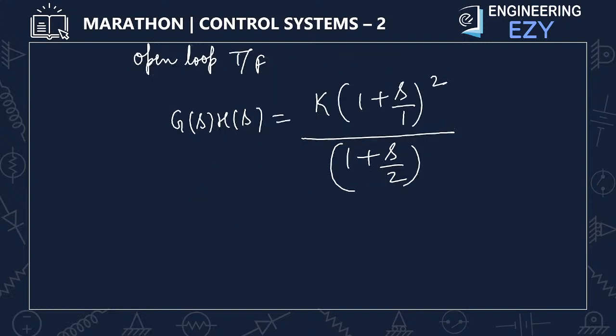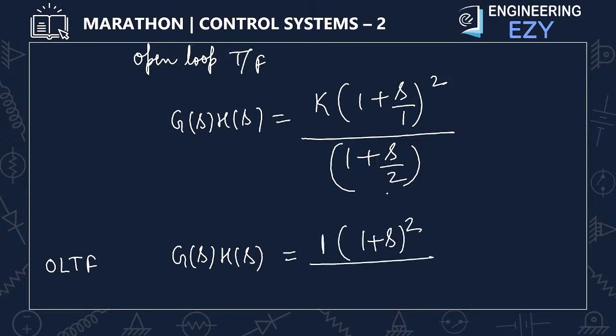If I put k is equal to 1 here, I get the open loop transfer function G(s)H(s) is equal to 1 times (1 plus s) whole square upon, if I take the LCM, (s plus 2) upon 2.